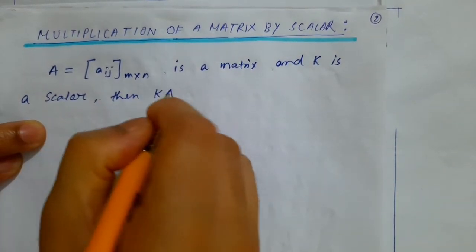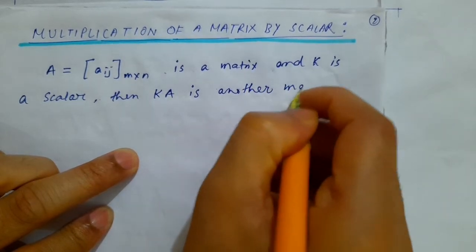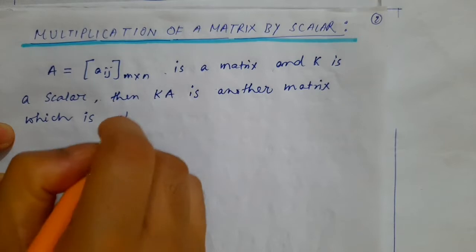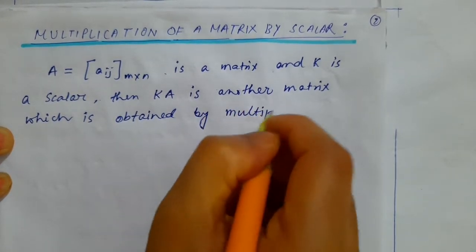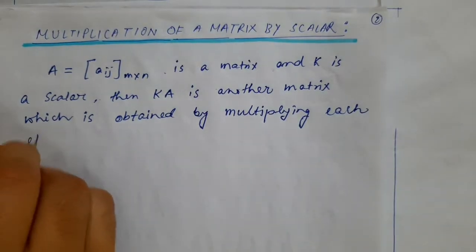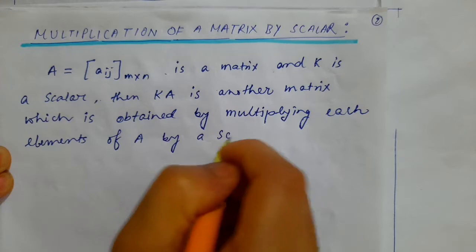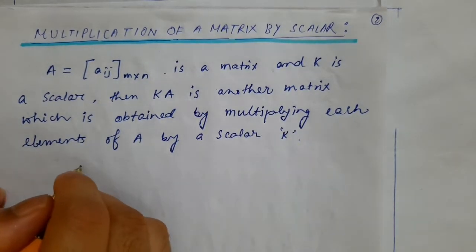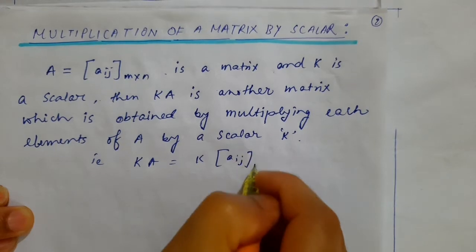Then K into A is another matrix, which is obtained by multiplying each element of A by the scalar K. That is, K A will be equal to K of Aij, M by L.